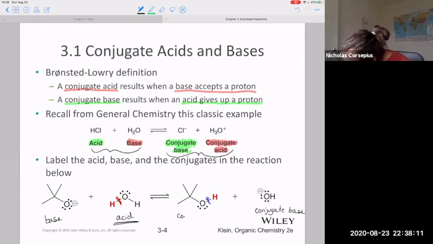So this is my conjugate acid. Okay, so that's step one of the skills that we need for acid-base reactions: being able to label our balanced chemical equation with who the acid is, who the base is, who the conjugate acid is, and the conjugate base.